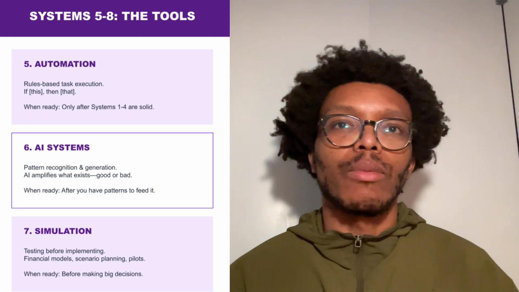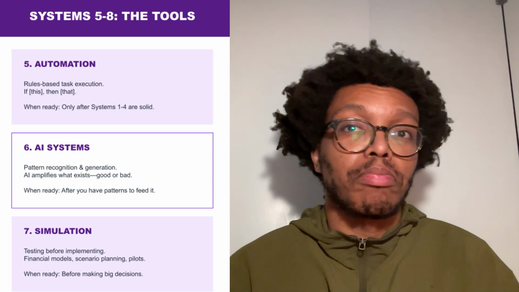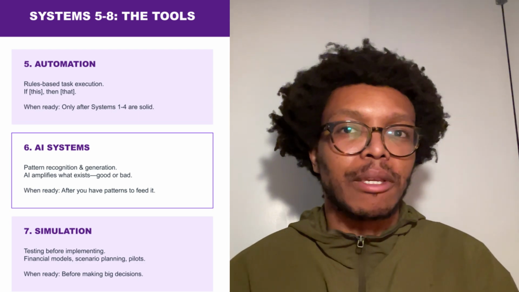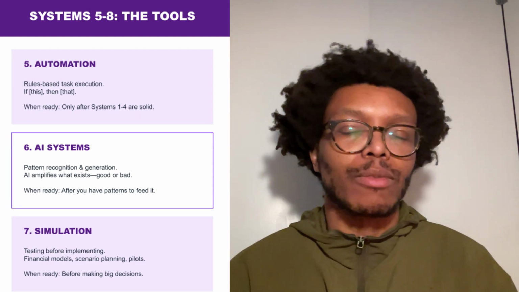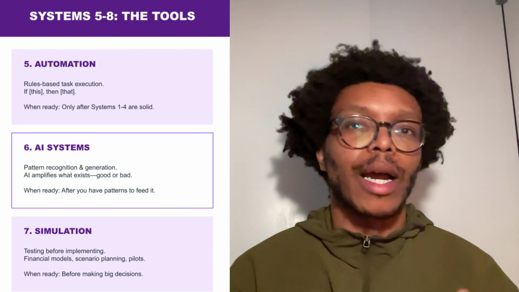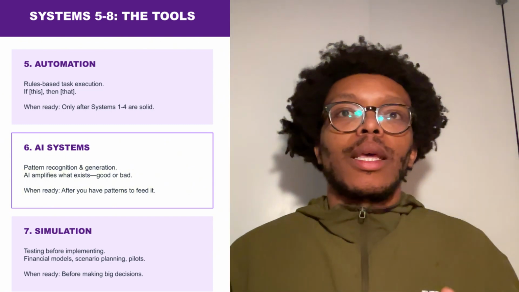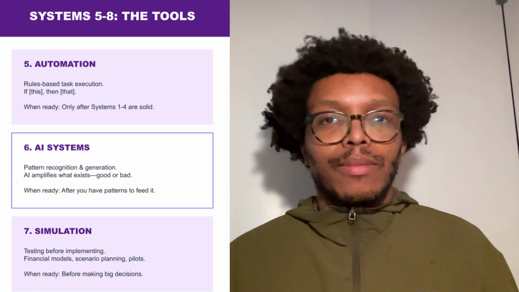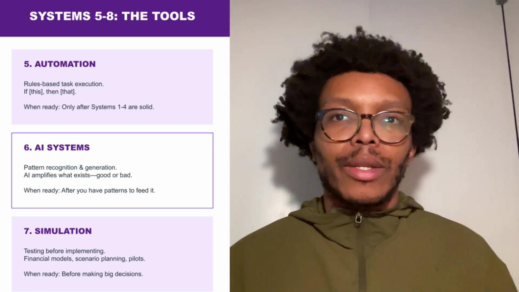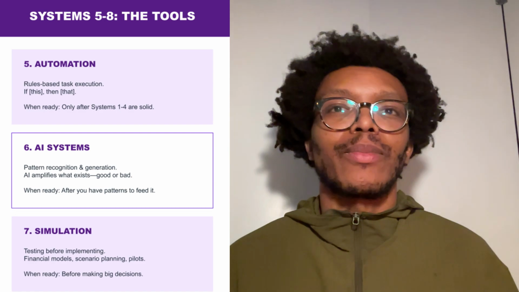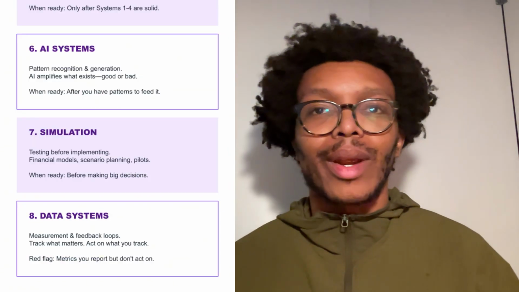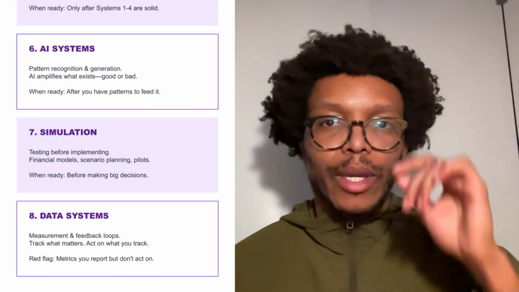This is where you make mistakes on paper, but then avoid them in reality. Financial modeling, scenario planning, pilot programs. Before you make that big decision, model it, simulate it. And most businesses skip this step and learn things the hard way, aka the expensive way.